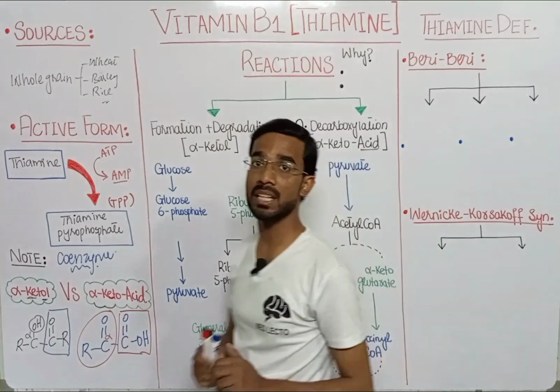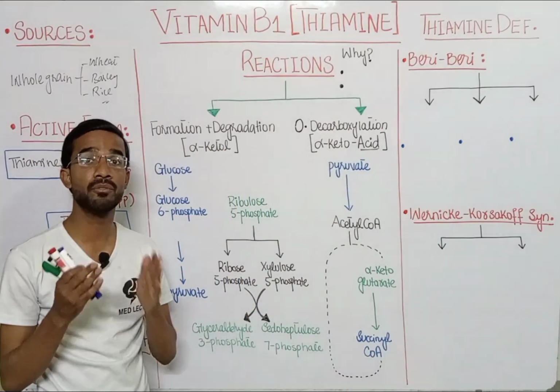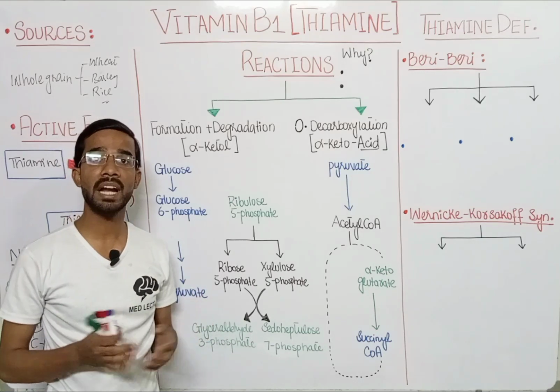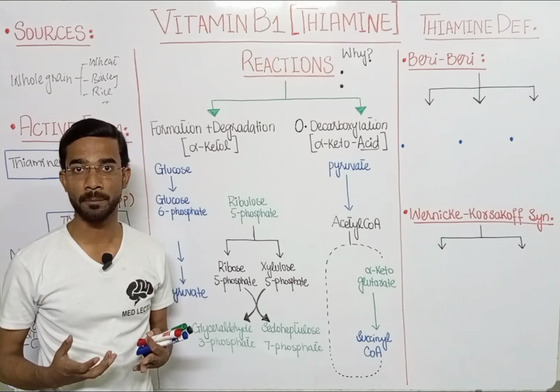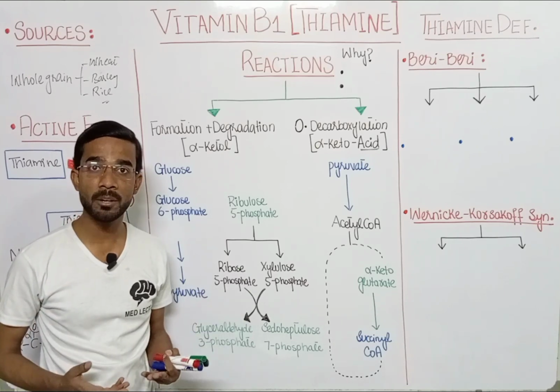Next we will discuss the reactions, how thiamine pyrophosphate acts as a coenzyme in different reactions. As we know, when we take food, we take glucose into our body, and that glucose is broken down through the respiratory process.